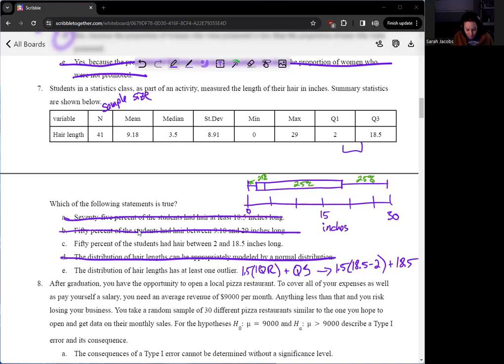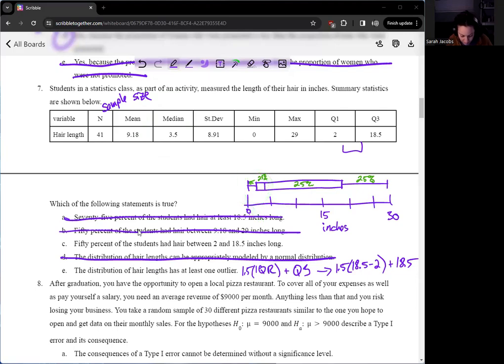When we do that, 1.5 times 16.5 plus 18.5, outliers would have to be greater than 43¼ inches long. Our maximum is not even close to that. So there isn't a high outlier. And the reason I'm not checking the low outlier is because Q1, the minimum and the median are close to one another, so it's definitely going to go into the negatives. It's all clustered there at the low end.